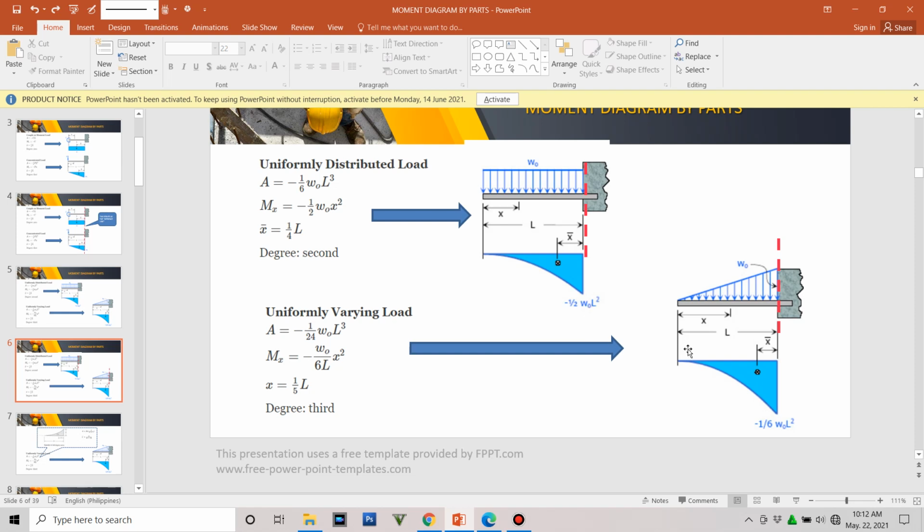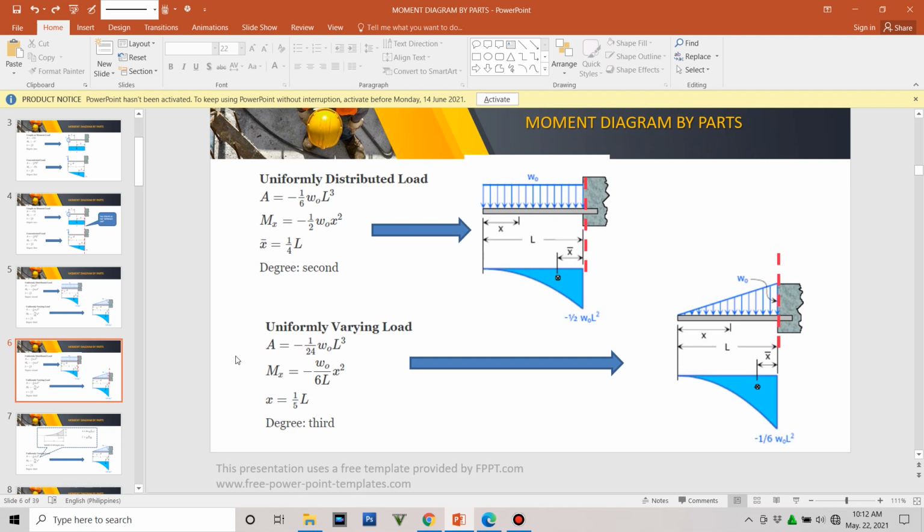And then for your varying load, same thing, get 1/6 WL squared here, and then draw a third degree line. Okay? So, it is important that you can distinguish what degree the line is. Why?